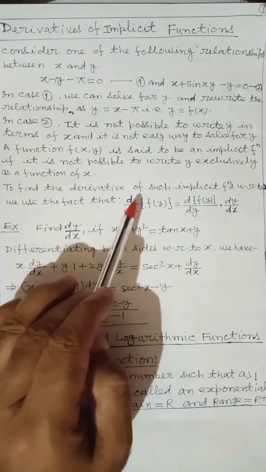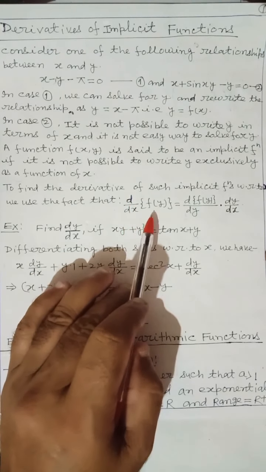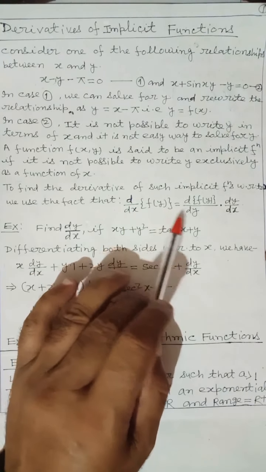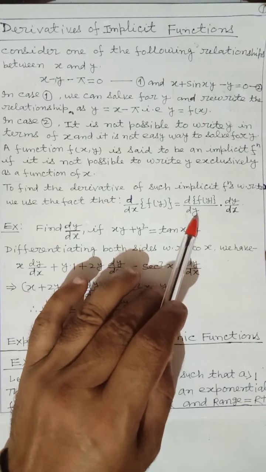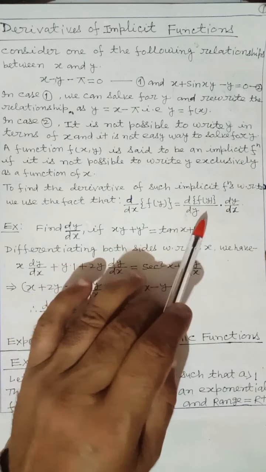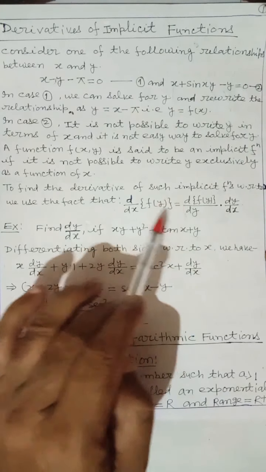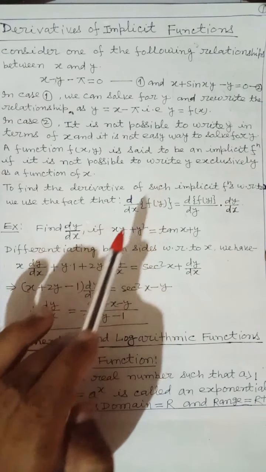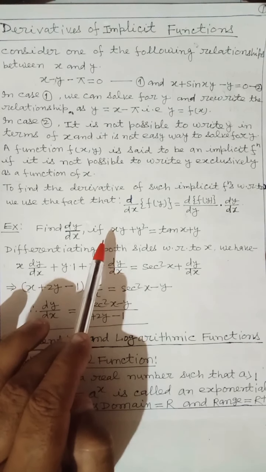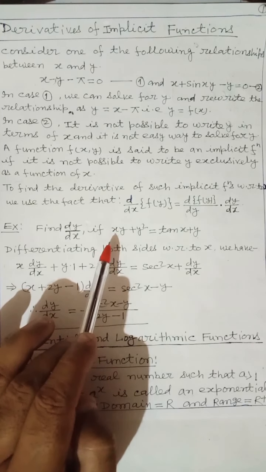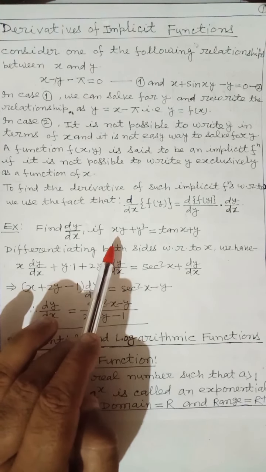Here, first we differentiate f(y) with respect to y. Again, we differentiate y with respect to x. So, using this concept, we can solve the given questions written in the implicit form.